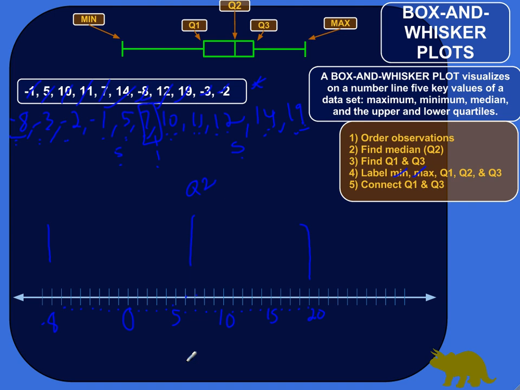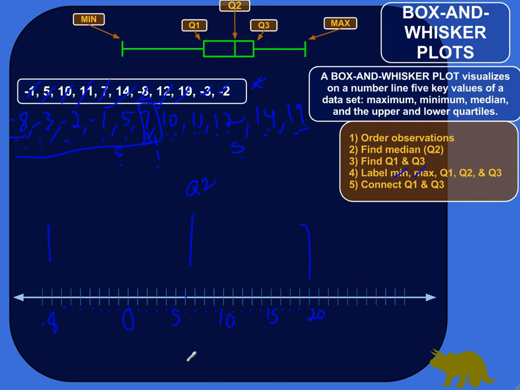Now we need to find Q1 and Q3, or the lower quartile and the upper quartile. Q1, or the lower quartile, is the median of the lower half of the data set. If we look at this half of the data, I've got 1, 2, 3, 4, 5 data points.